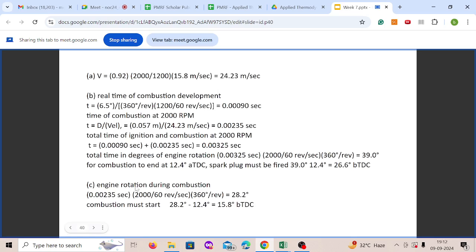The engine rotation during combustion, converting the combustion time to degrees of rotation, comes out to be 28.2 degrees. We know that it ends at 12.4 degrees, so 28.2 minus 12.4 comes out to be 15.8 degrees before top dead center. So this is where the combustion will start.